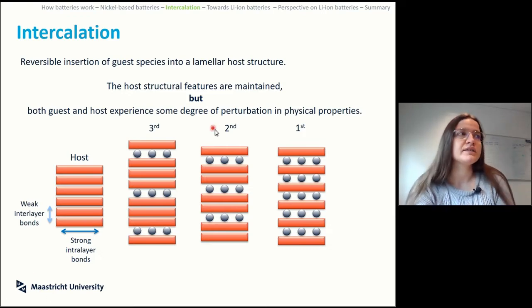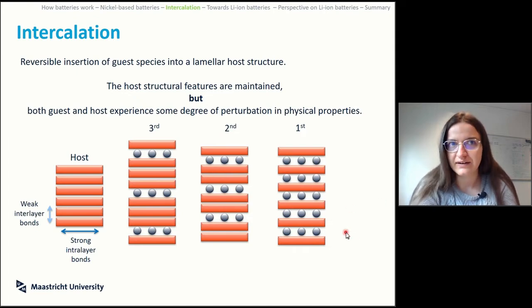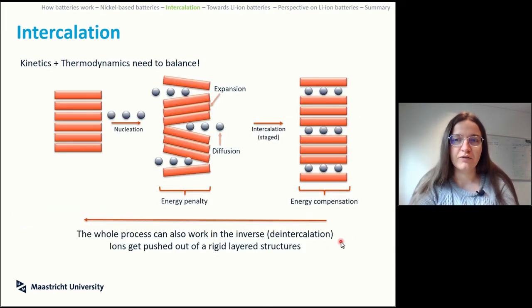So once you start inserting material inside, you can have third degree, second degree, and first degree staging of the intercalants. So you can even have one every 3, one every 2, or every layer occupied with an intercalating material in between. What limits this process and plays the critical role?